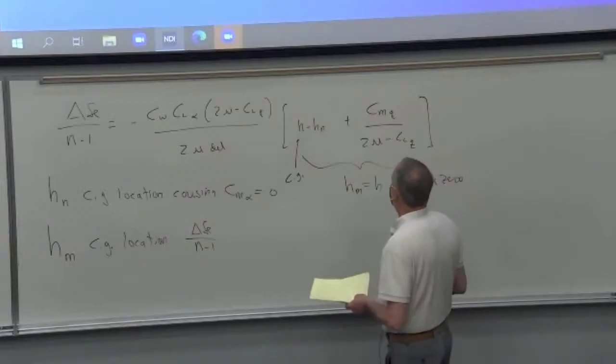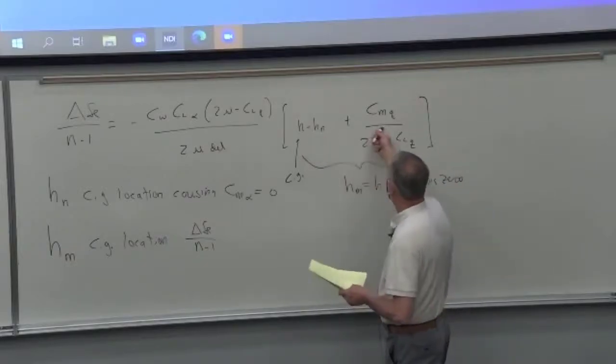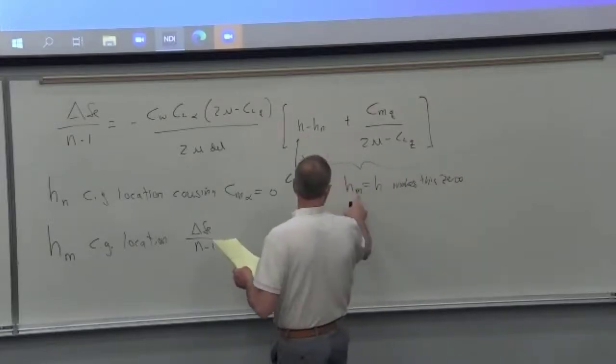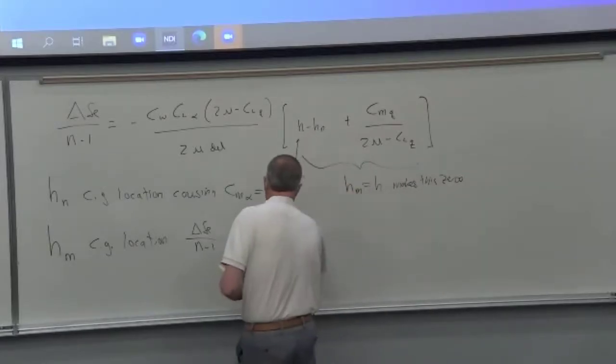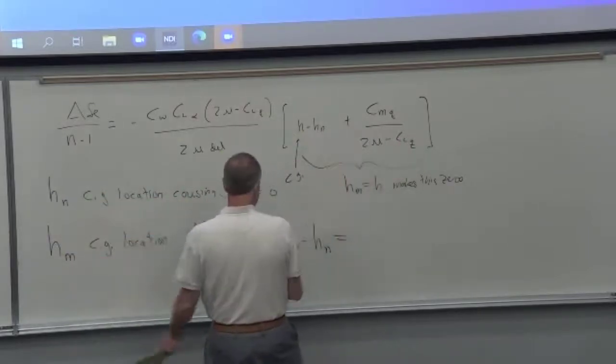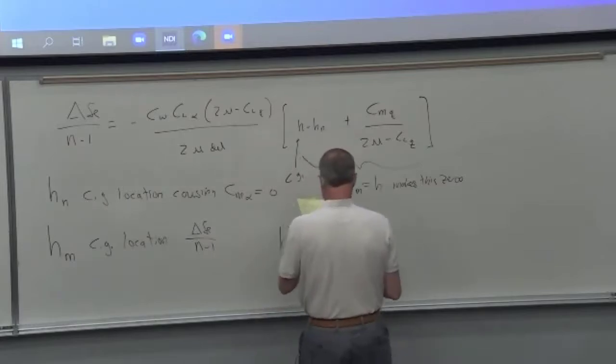And so that's an easy calculation because it's just this set equal to minus that. So we replace H with HM because it's the special CG location. And that's how we calculate it. So we set this to 0, this whole thing to 0, and solve for this.